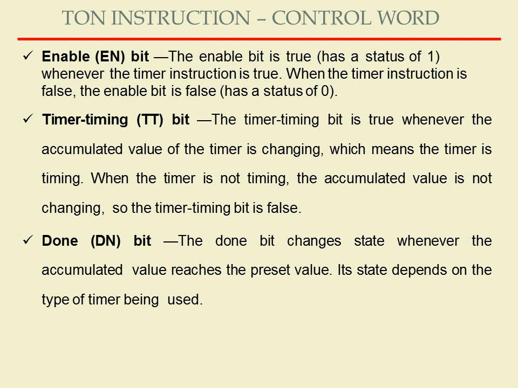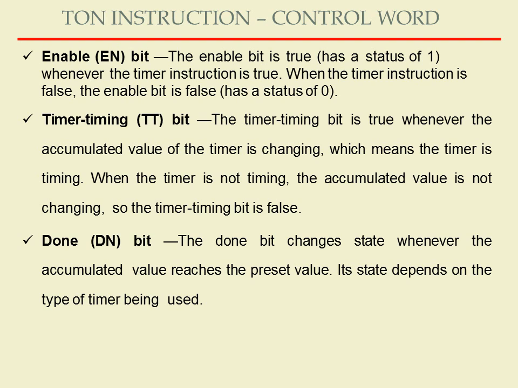The next is timer timing, that is TT bit. The timer timing bit is true whenever the accumulated value of the timer is changing, which means the timer is timing or running. When the timer is not timing, the accumulated value is not changing, so the timer timing bit is false.